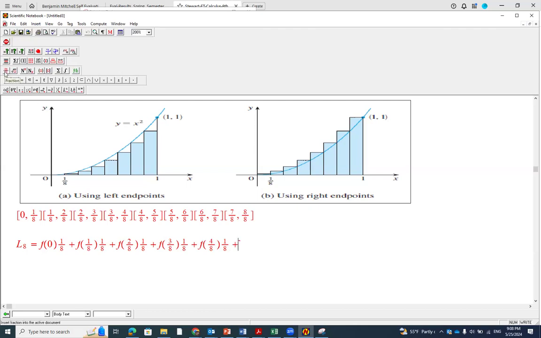The sixth one is f of 5/8 multiplied by the width, 1/8. The seventh is f of 6/8 multiplied by the width of 1/8, plus f of the last one, 7/8, multiplied by the width.